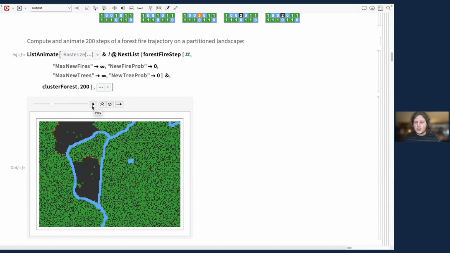In this model, one thing that's important to keep in mind is that the scale of a forest fire is dependent on the scale of the clusters of trees that the forest fires start in. And what's been demonstrated about this model is that the model will exhibit self-organized criticality when the probability of new trees growing is much larger than the probability of new fires starting.